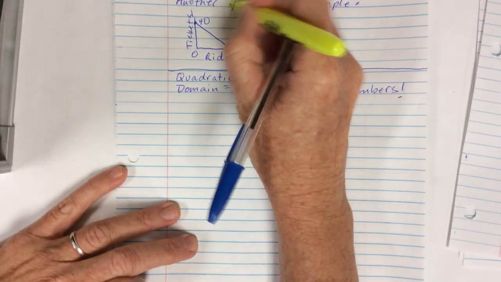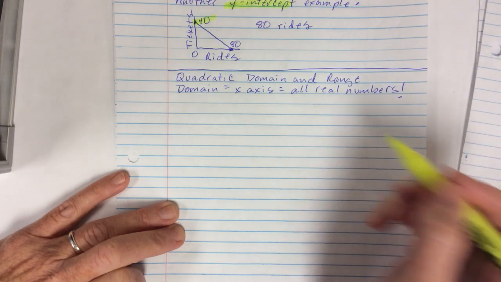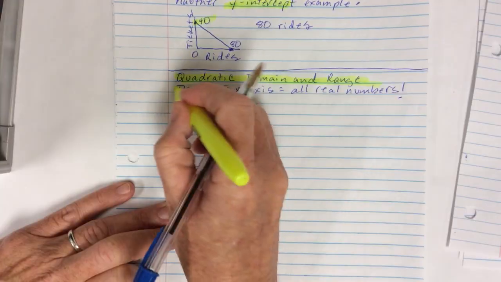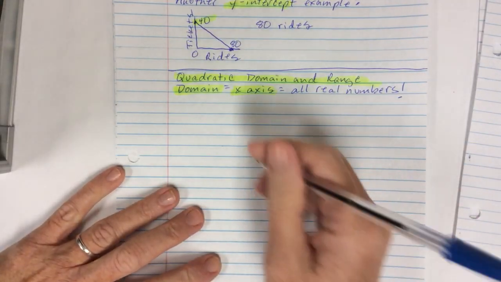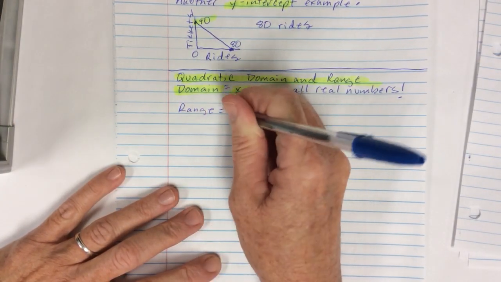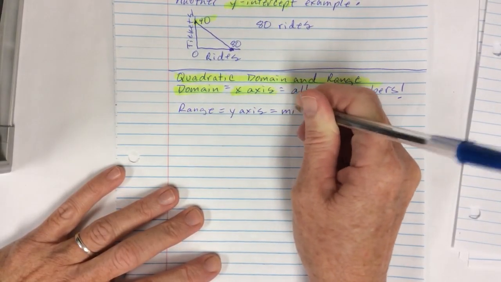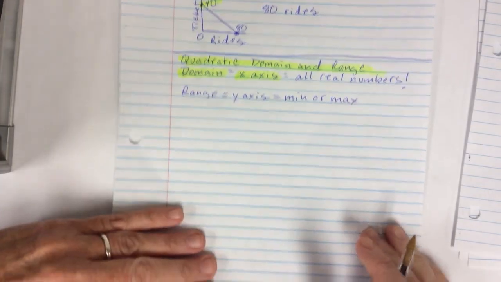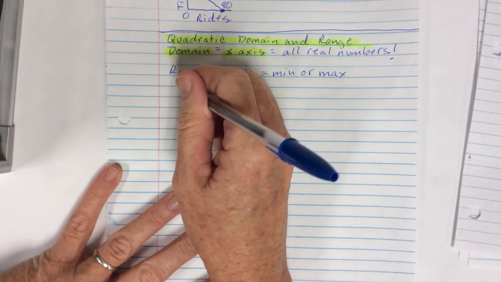Forgot to highlight this. The range will be your y-axis, and that's going to equal the minimum or the maximum that we've already been doing in class. And I'll show you how that's going to look here. First, let's do the domain.